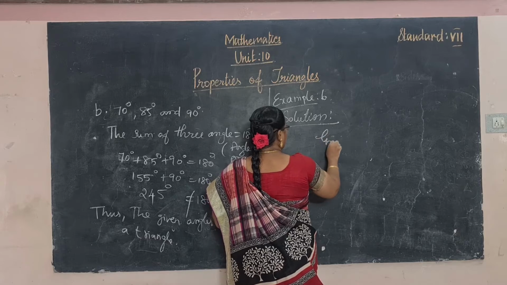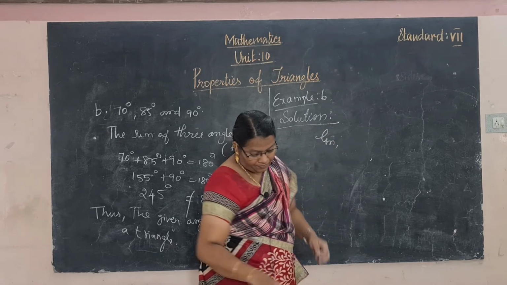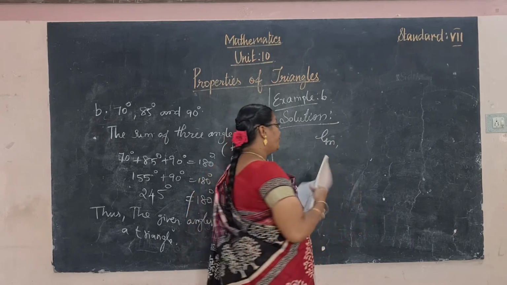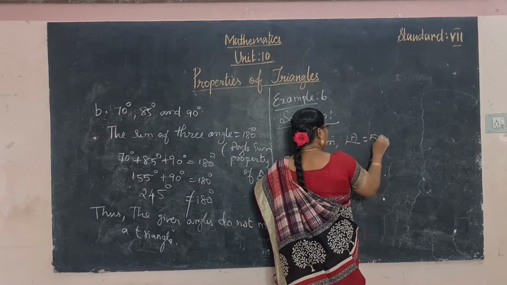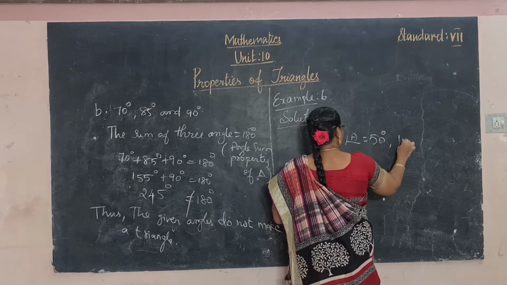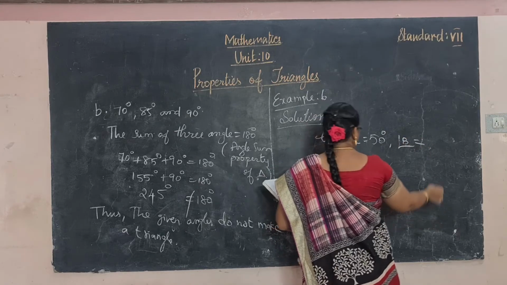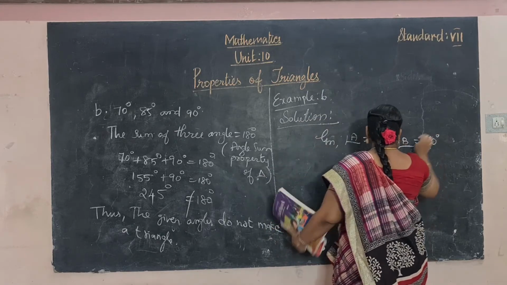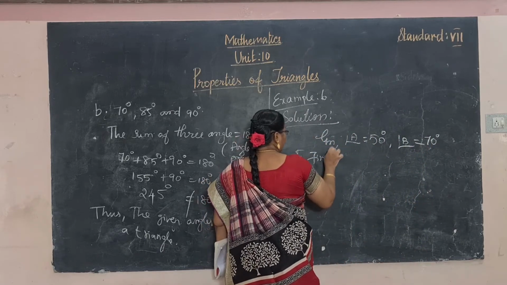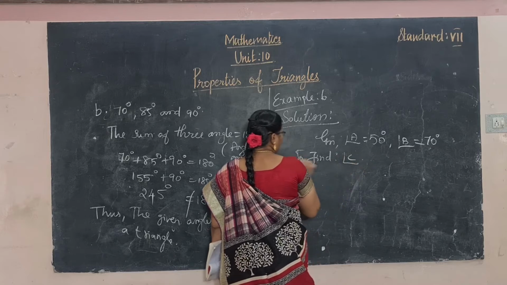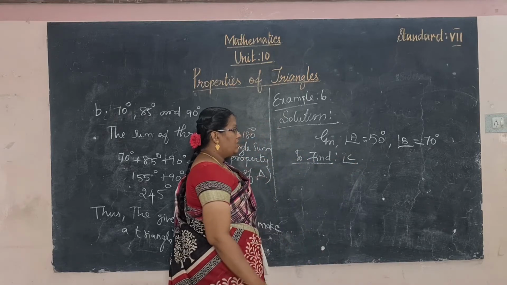What are the data given? Angle A is equal to 50 degree. Angle B is equal to 70 degree. Find the angle C.